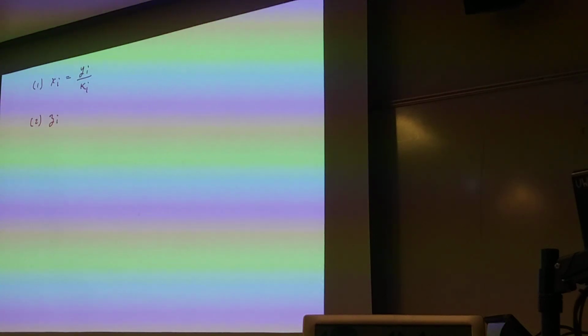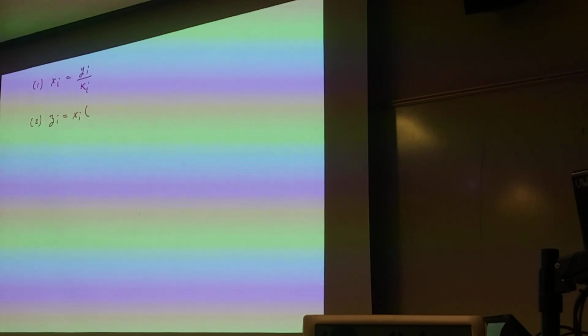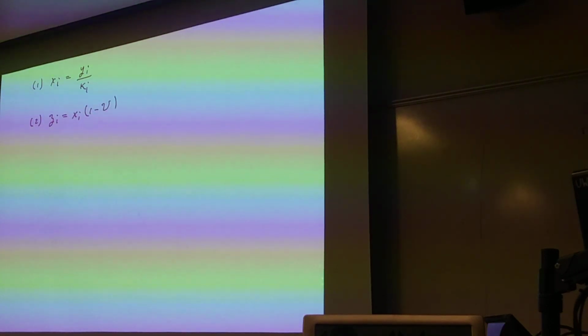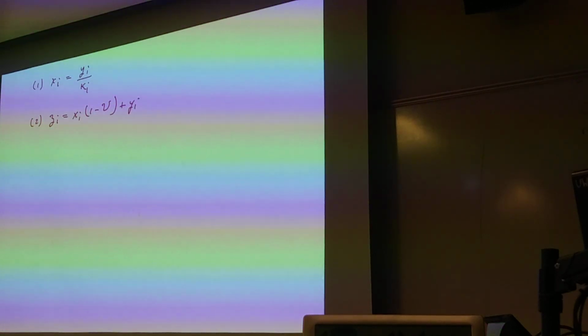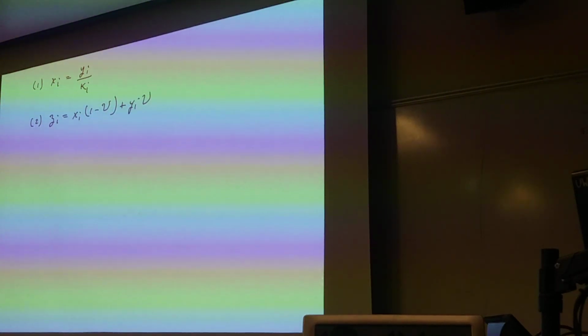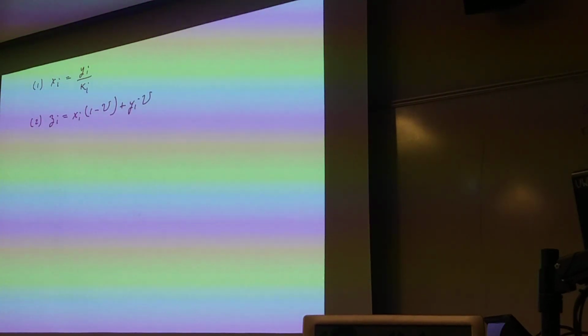And then we can express material balances this way. z is equal to xi times (1 minus V) plus yi times V. I'm just rewriting the material balance equation I had earlier.